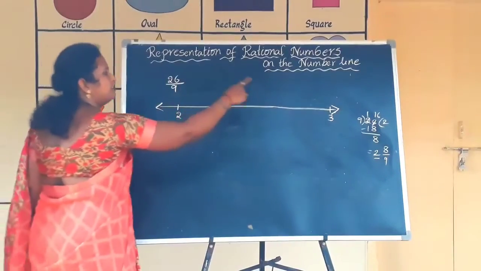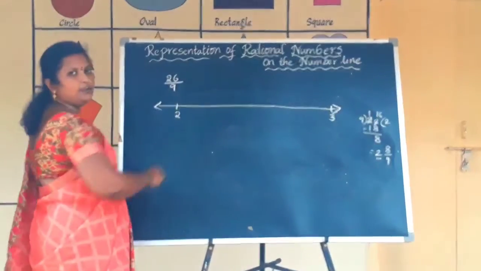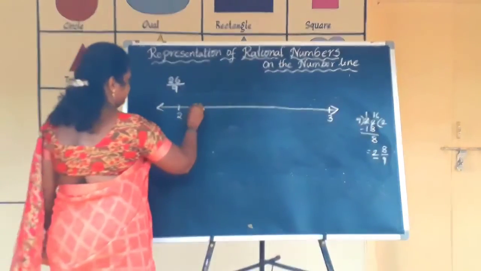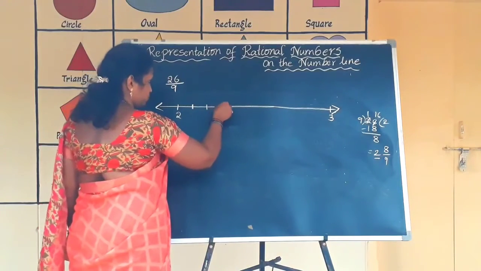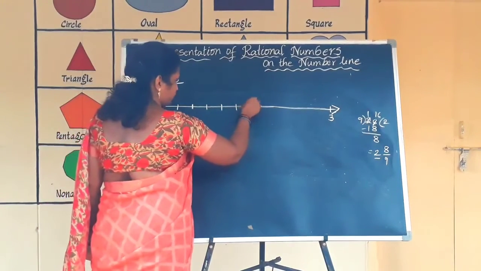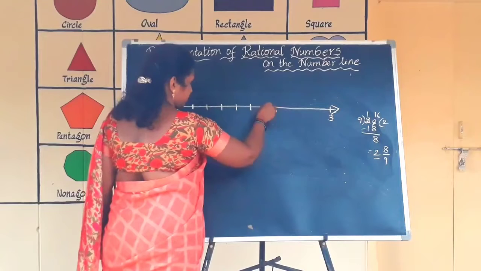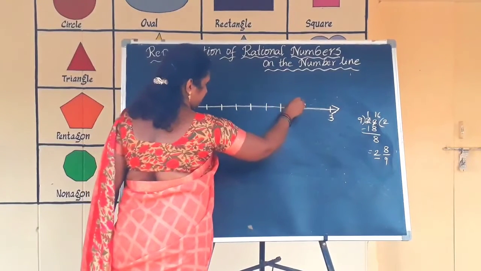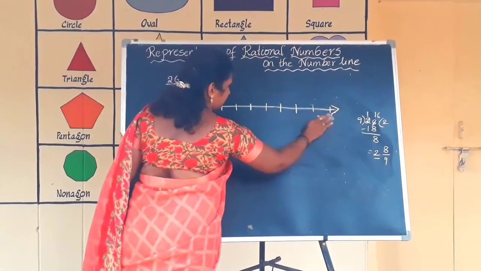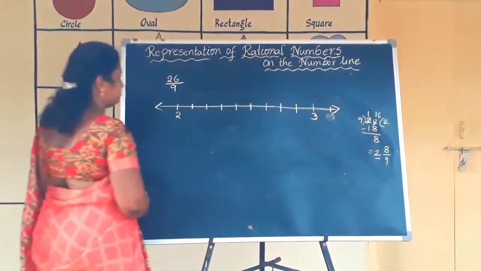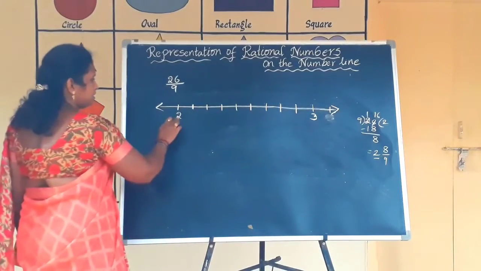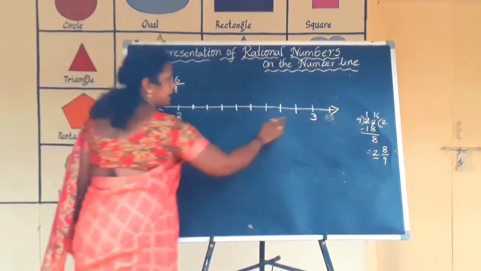So we have to take the number 2 here and number 3 and the denominator is 9. So divide the space between 2 and 3 into 9 equal parts. 1, 2, 3, 4, 5, 6, 7, 8 and 9. Okay, here it is 2 and it is 3.